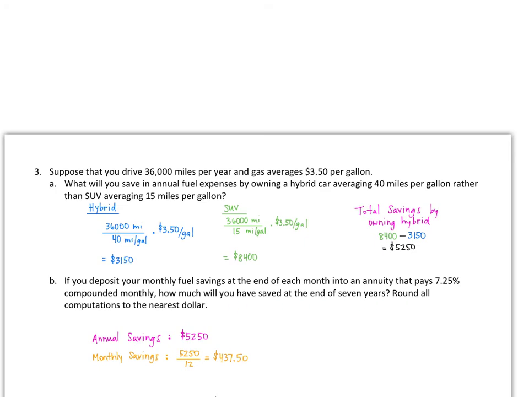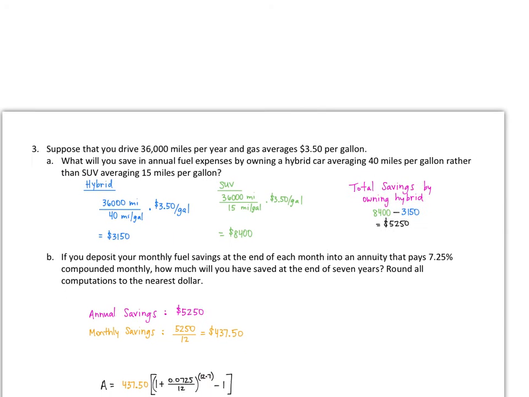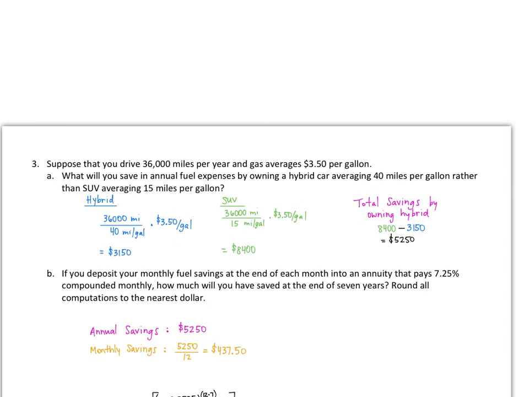So now we're going to take the annual savings and we're going to divvy it up into monthly savings. So from above, we saved $5,250 annually. If we divide that by 12, we get our monthly savings of $437.50. Okay, so now what I want you to do is this is going to be our monthly installment for our annuity.